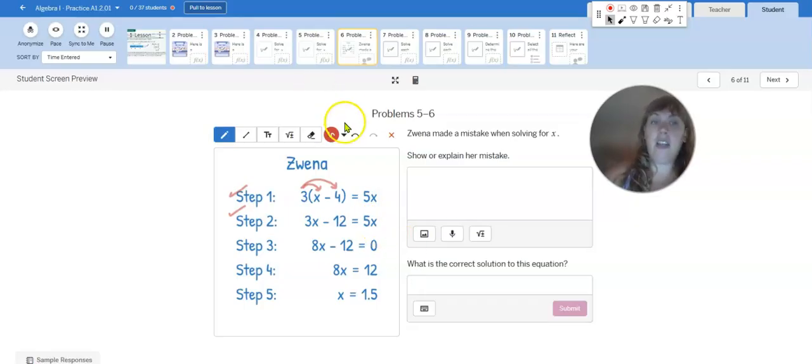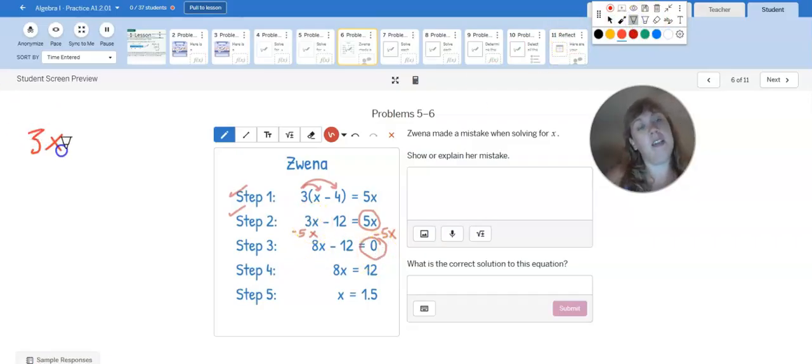Now, what changed in the next step is they got rid of this 5x. They moved it over to the other side by subtracting 5x from both sides. 5x minus 5x cancels out to 0, so that's good. 3x minus 5x is a negative 2x.